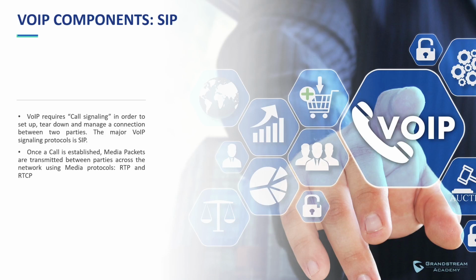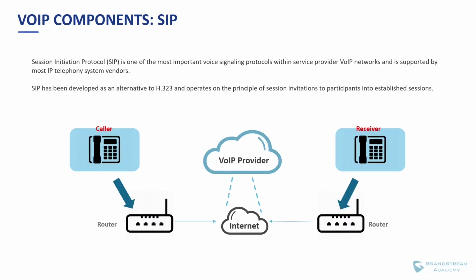Real-time transport control protocol, which collects out-of-band statistics and control information for RTP sessions, like providing feedback on the quality of service, including statistics such as packet count, packet loss, jitter, etc. Session Initiation Protocol operates independently of the packet layer and uses text to encode its messages, which facilitates parsing and helps to simplify debugging.